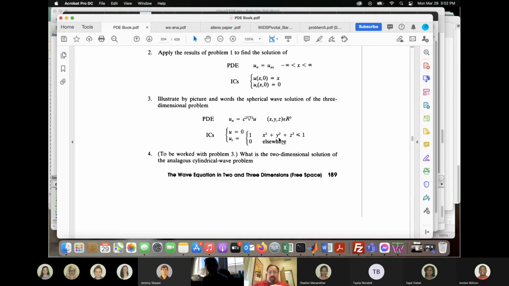So if you're just a little ways past t equals 0, the average value of initial data over a sphere that small and not overlapping this would have to be 0, because there's no non-zero initial data there. So that's how the solution's behavior would start. What this problem is asking about is what happens as t advances. And really I'm more interested in what happens in terms of words. If you like, you can try to use pictures to illustrate what you're talking about.